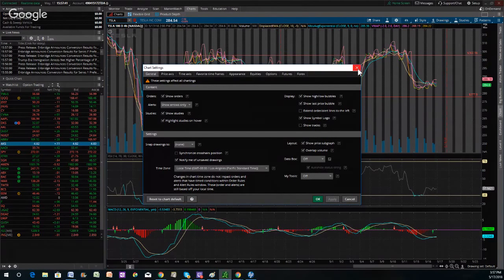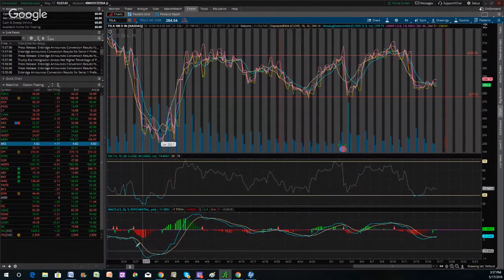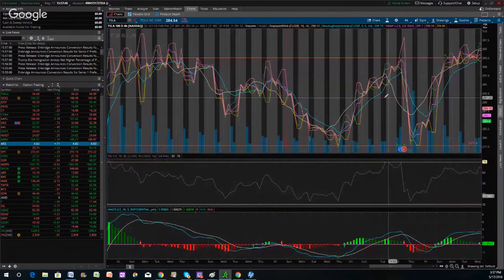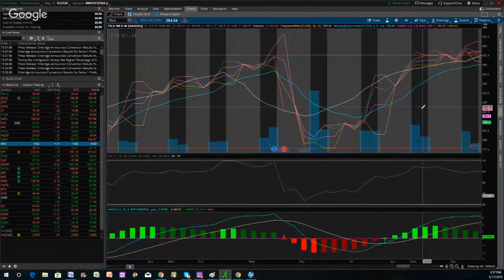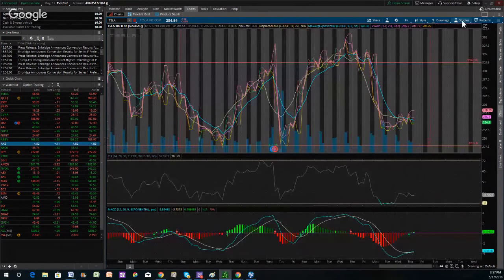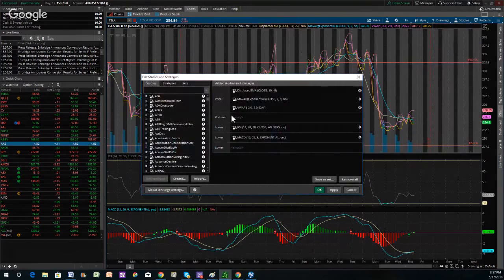Okay, so how do you set up all this MACD, RSI, and EMA, and all these colorful, beautiful colors here? You go to studies, edit studies, and this is how I set up mine.